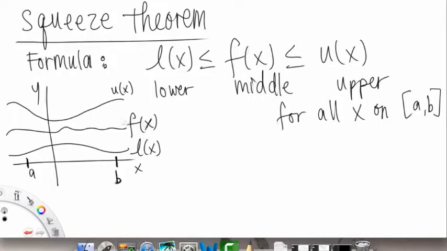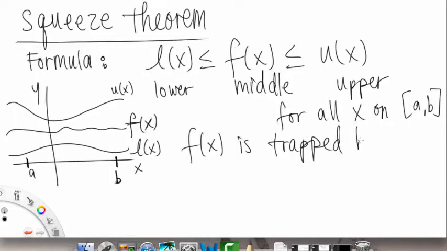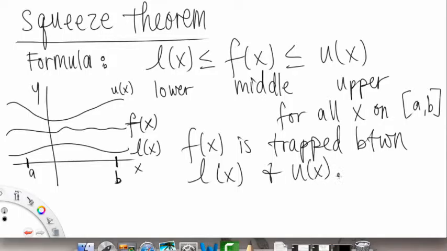It can't go above the u of x, and it can't go below the lower L of x, okay? So f of x is trapped between our L of x and u of x, okay?